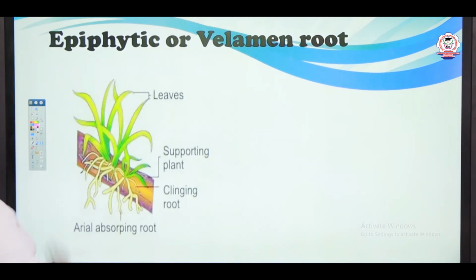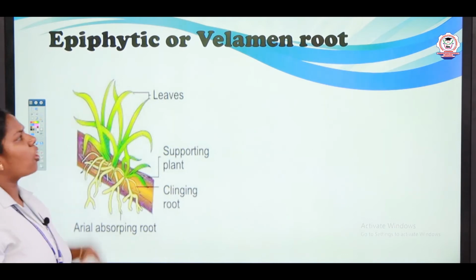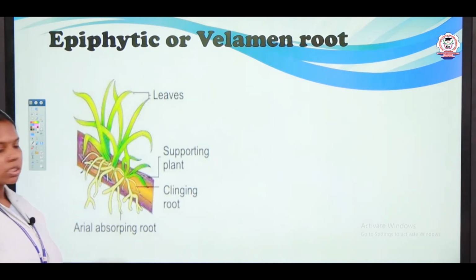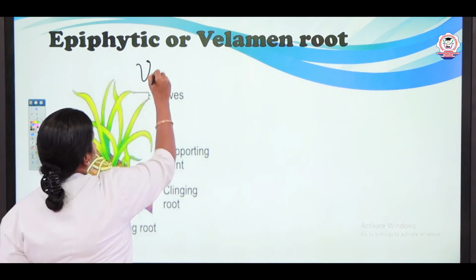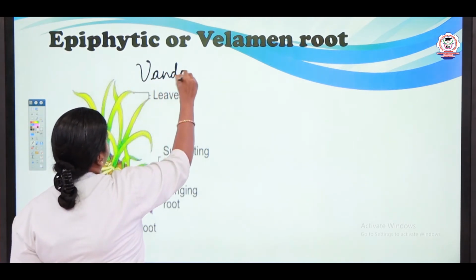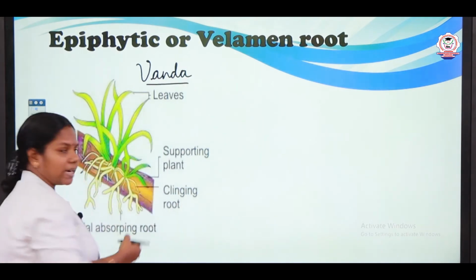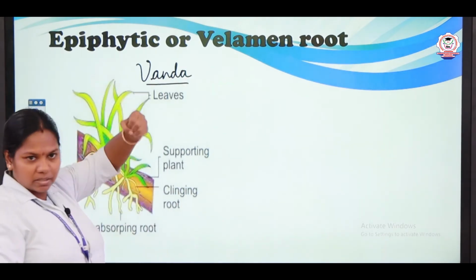So the first one is epiphytic or velamen root. The example for this is a plant called Vanda. It is an ornamental plant and you can see this plant hangs freely, right?